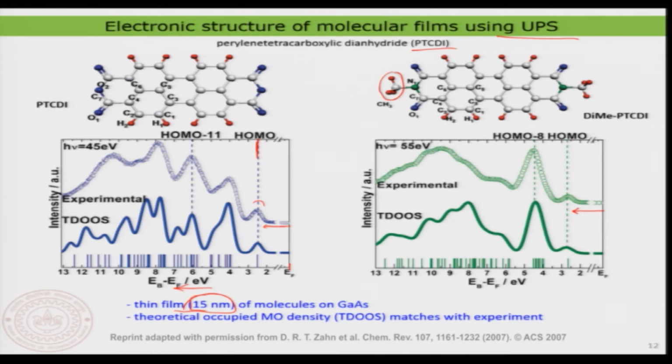So, in general you can measure the density of states of the molecule. What you are also seeing here is the theoretical calculation for comparison, and it matches nicely with the density of states of the molecule. These are the discrete levels: the lines tell you the discrete HOMO, HOMO minus 1 and so on, and this plot is the density of states itself.